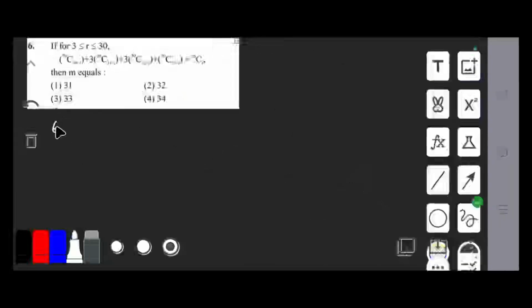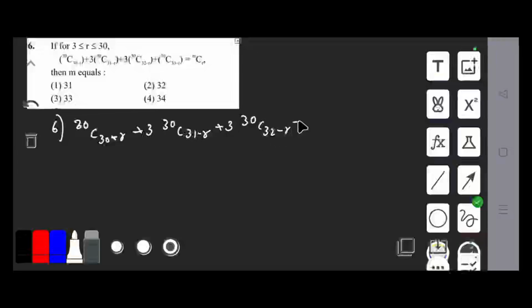Next problem, sixth problem. Look here: 30C(30 minus R) plus 3 into 30C(31 minus R) plus 3 into 30C(32 minus R) plus 30C(33 minus R) is equal to MCR. What is the M value?